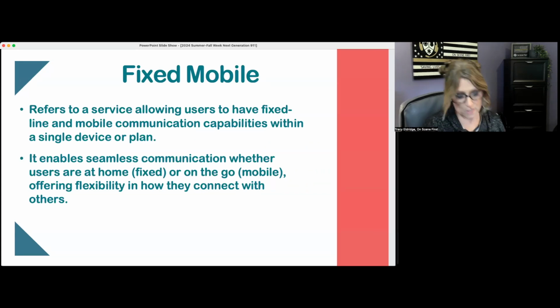So, as we talked about, a femtocell could be considered a fixed mobile device because it gives you the option to either be on the network or on the intranet.